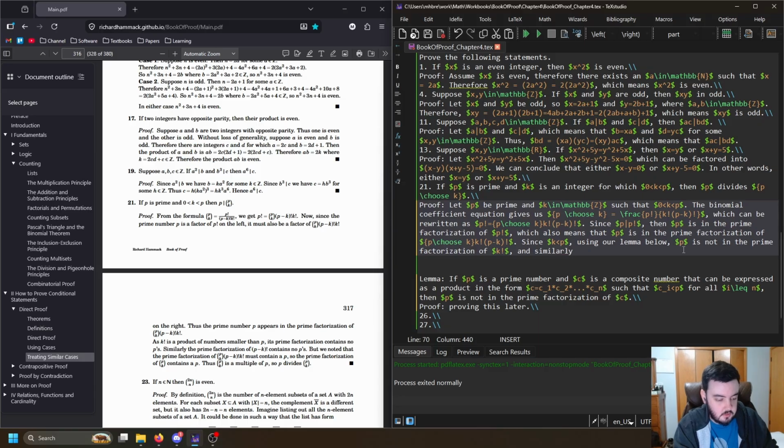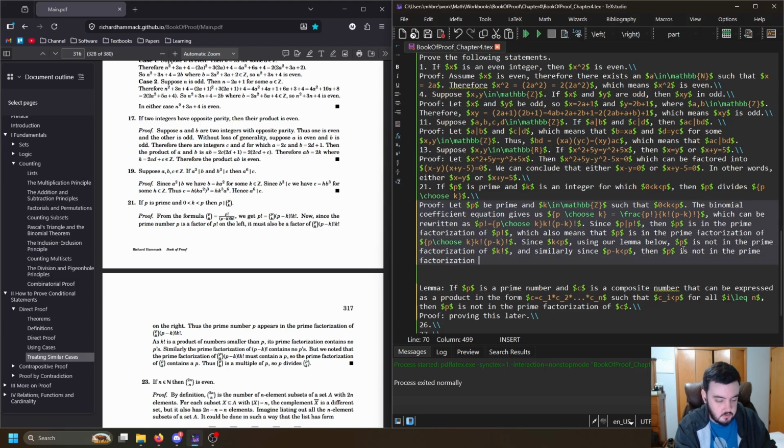And similarly, since I like writing this out, since p minus k is less than p, then p is not in the prime factorization of p minus k factorial.